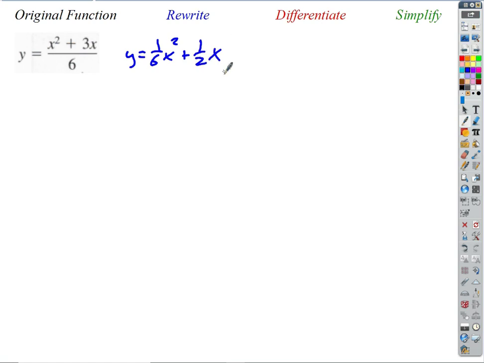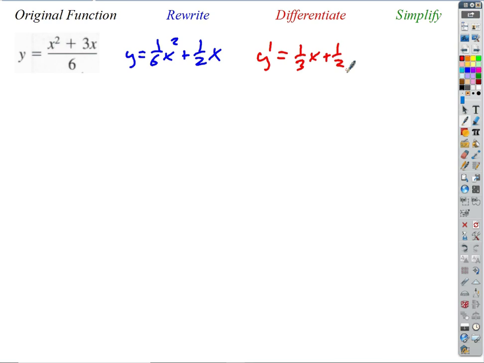And then we differentiate and we get y prime equals, what's that gonna give us? 1/3 x plus 1/2, and that's already simplified.